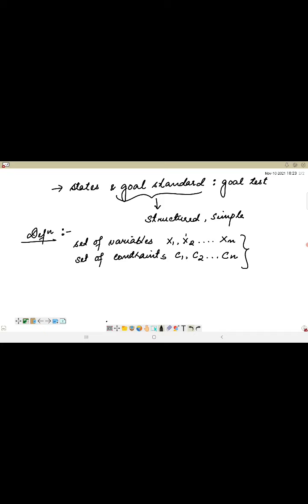Now each variable xi has a domain. So xi is related to a domain di of possible values.